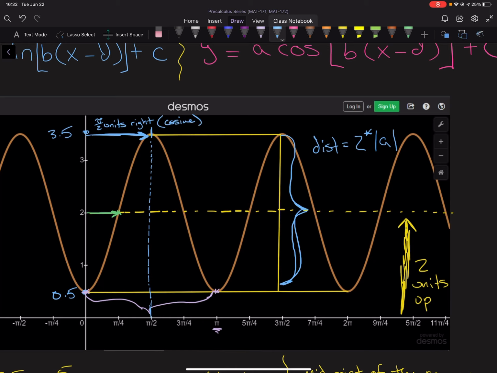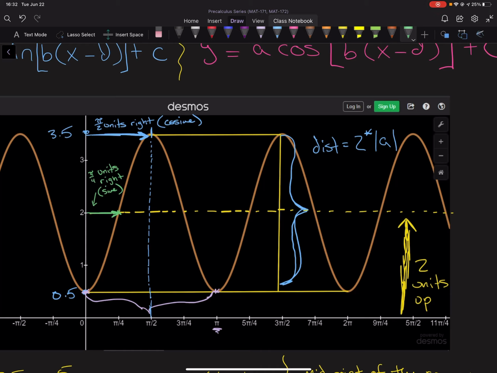But if we were talking about sine, we could say that sine has been shifted pi over 4 units right. And this is for sine. So either way, we can write the equation based on this. But again, your problem is going to typically give you what trig function it wants you to write it in.